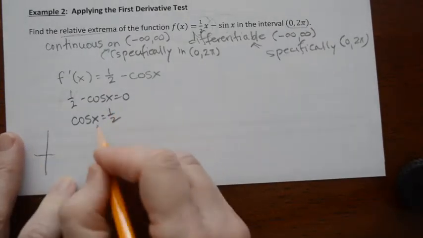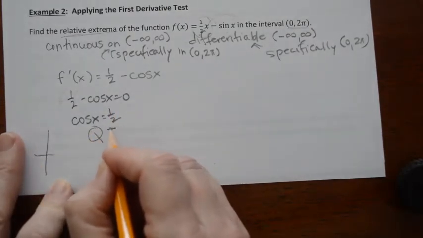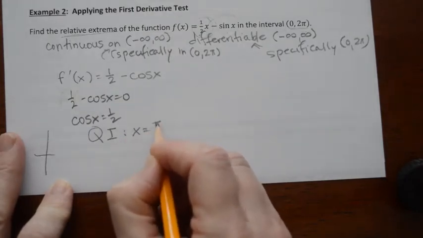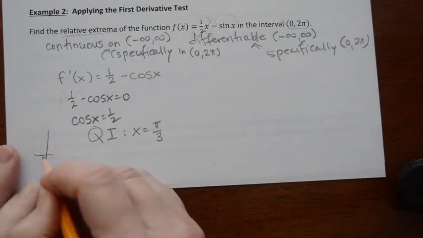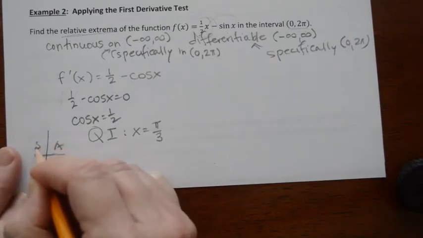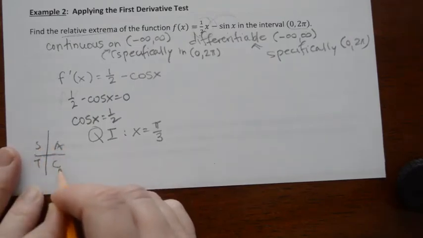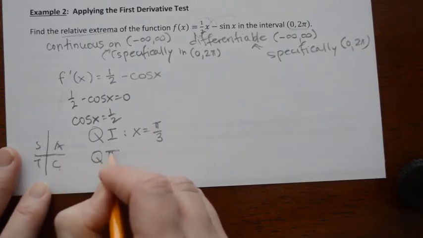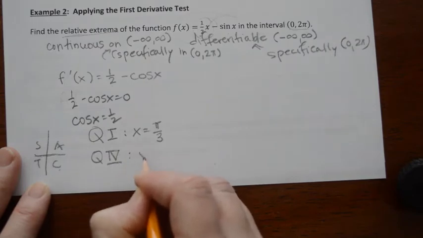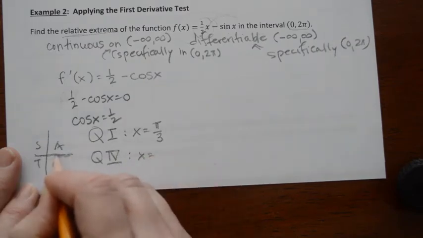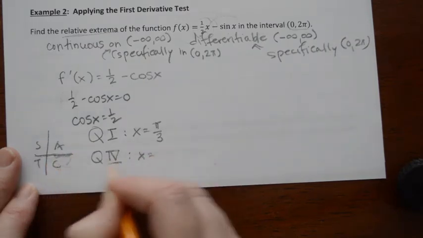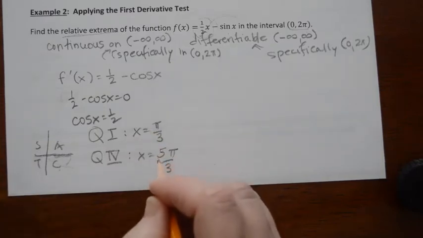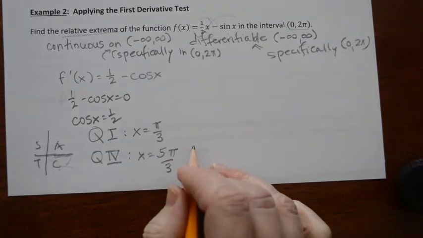So in quadrant 1, x is equal to pi over 3. And then, if you remember our mnemonic, all students take calculus, it's in the first and the fourth quadrant. So in quadrant 4, that's going to happen when x equals, again, this is 6 pi over 3, so it's just 1 less than that, so it's at 5 pi over 3. So these would be the two spots where cosine is equal to 1/2.